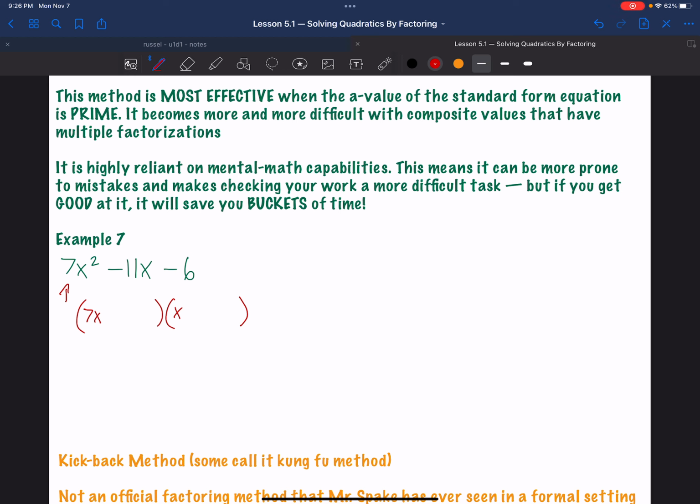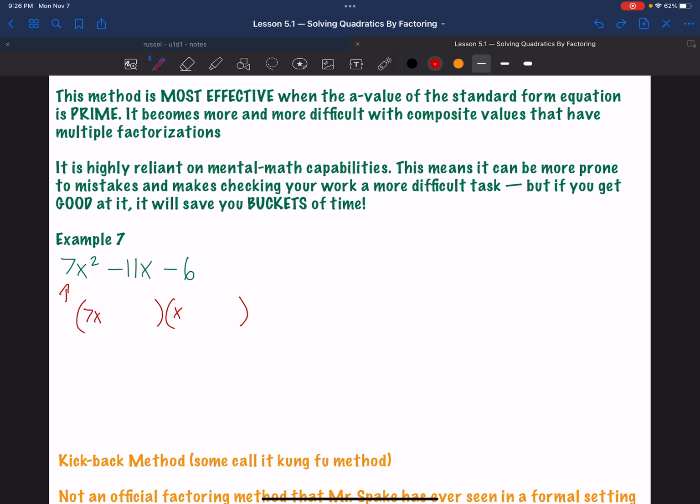So let's go with 2 and 3. Okay? Because here's what we're doing. We're trying to find two things that multiply to get -6. By the way, the higher the c value is, the harder this gets too. So if c is prime, that's super useful as well.